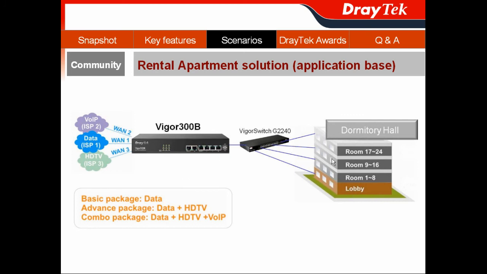For example, you give every resident a free-of-charge basic data package for internet access. However, if they want to have the HDTV, they need to subscribe to the advanced package. And for the combo package, they can get data for free when getting HDTV plus the voice over IP. So, as an owner, you can get more money from the residents.